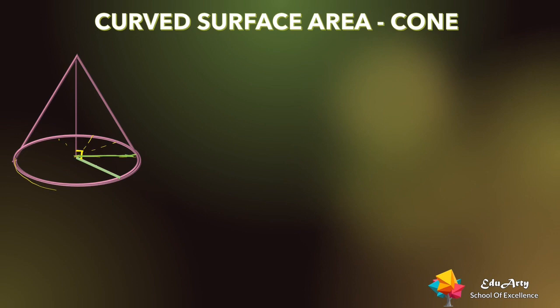Now let us see how to write down the curved surface area. What is the curved surface area? Curved surface area is also written as CSA. That is called the curved surface area of a cone.